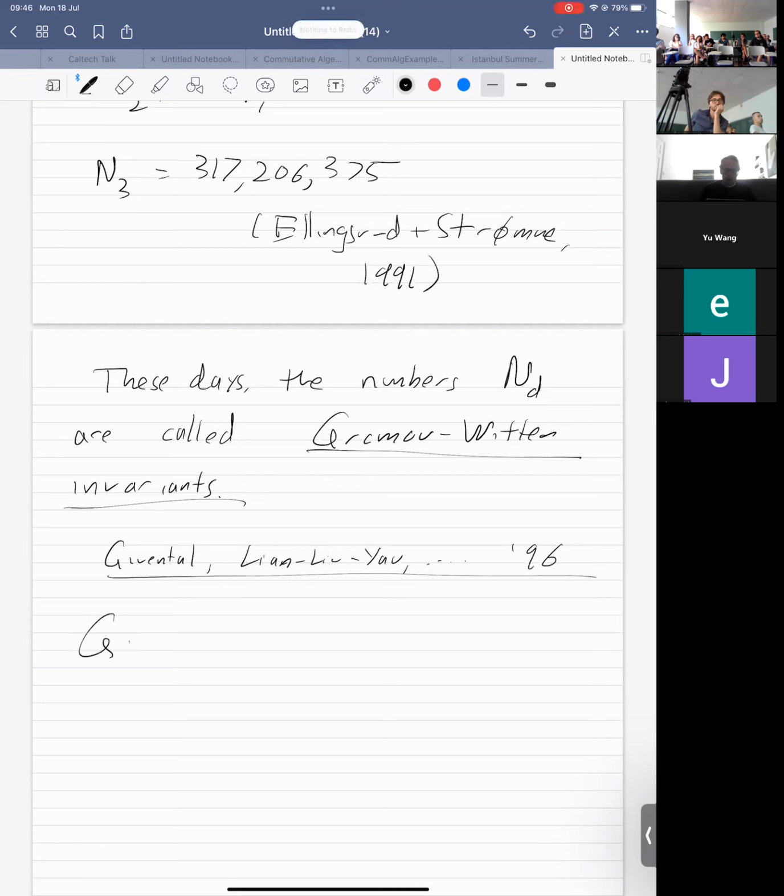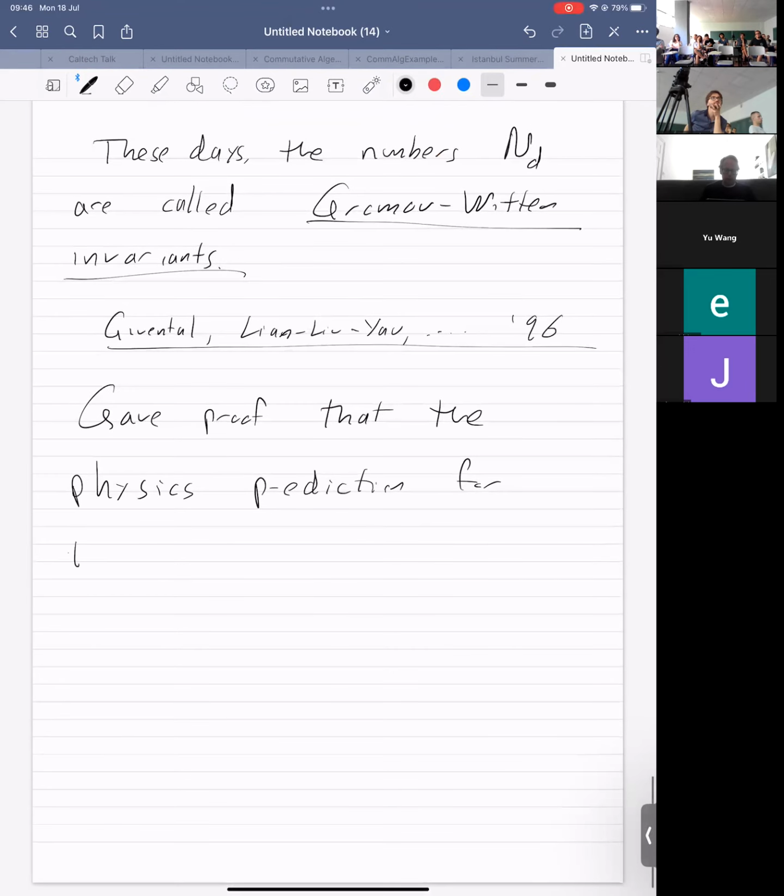They gave a proof that the physics prediction for the numbers N_d are correct. Now, perhaps 1996 started the real period of rigorous mathematics.